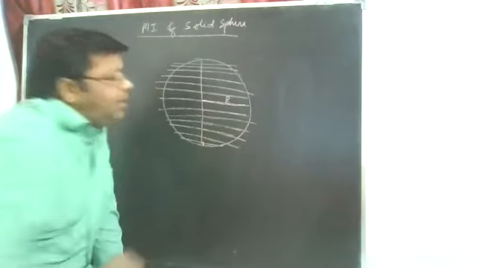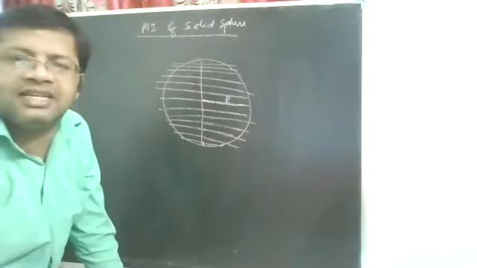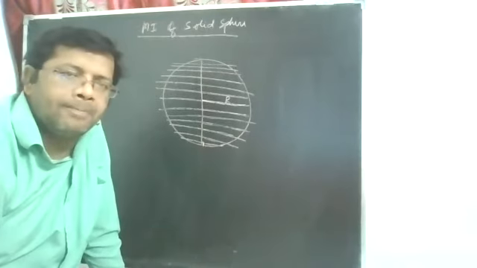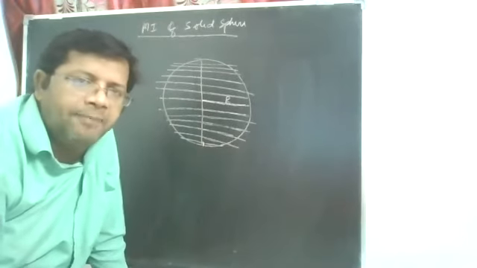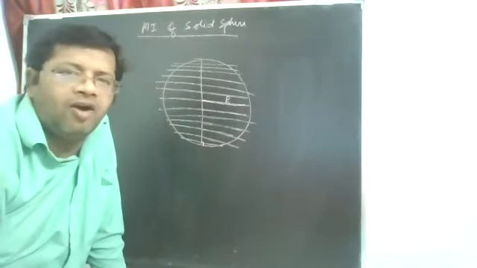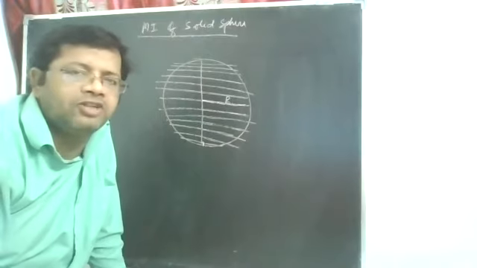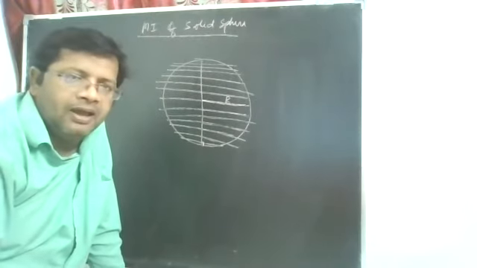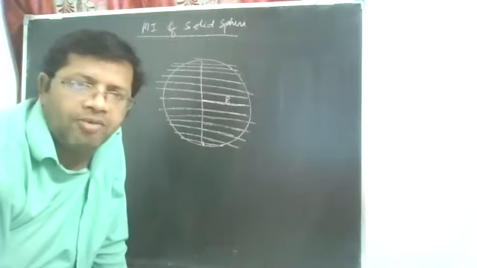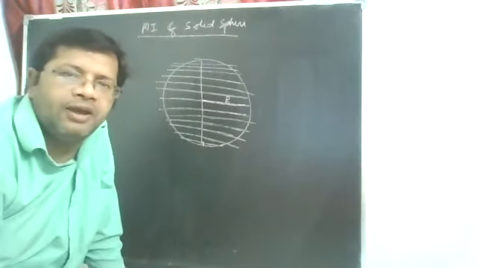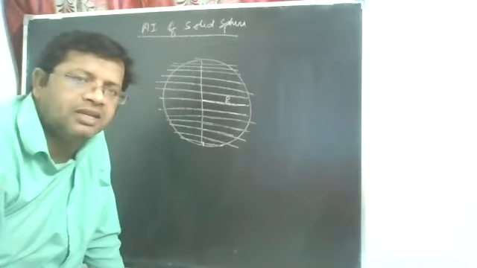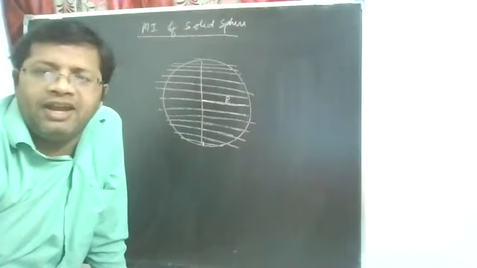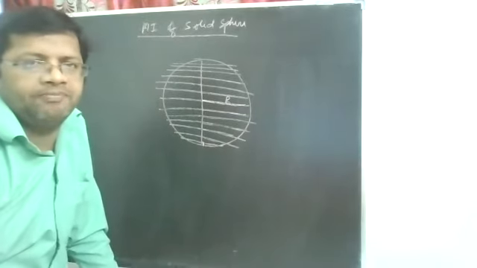So the radius of all these discs will be different. We have already derived the formula for the moment of inertia of a disc about the axis passing through its center. And what is the formula? Half into mass of the disc into square of the radius, half mr square.